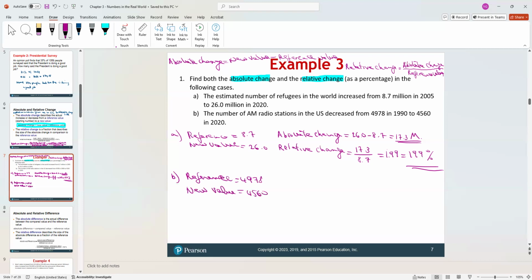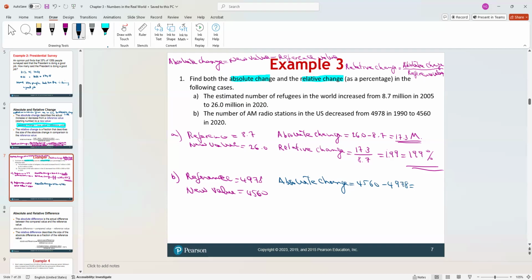That's what is going to happen here. If you try to compute the absolute change, remember, new value 4560 minus reference value 4978.